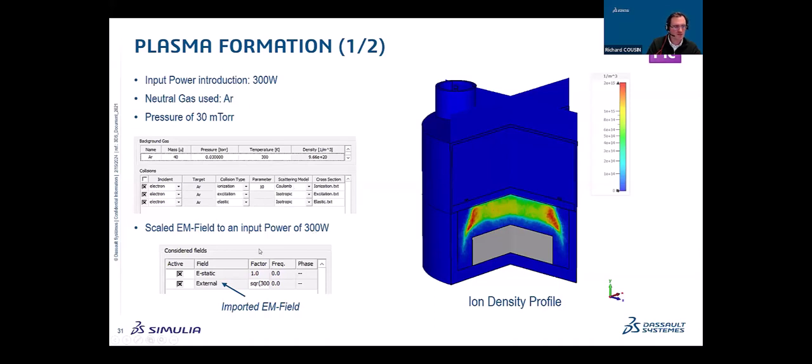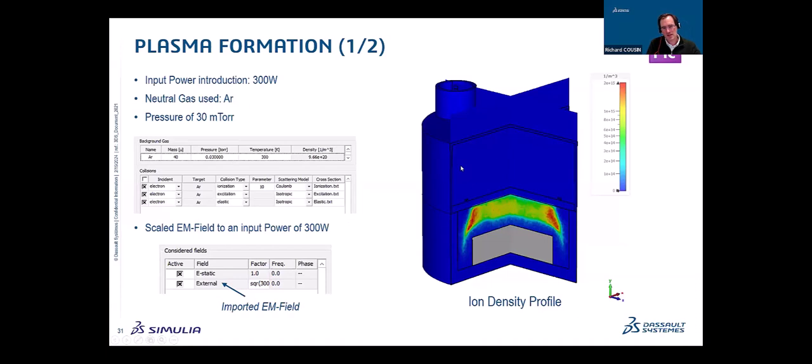So the external fields, which have been calculated with the frequency domain solver, are now imported into the particle in cell simulation, which is here the electrostatic particle in cell simulation, and need to be scaled to the desired power that we would like to introduce into the device, which corresponds here to 300 watts.